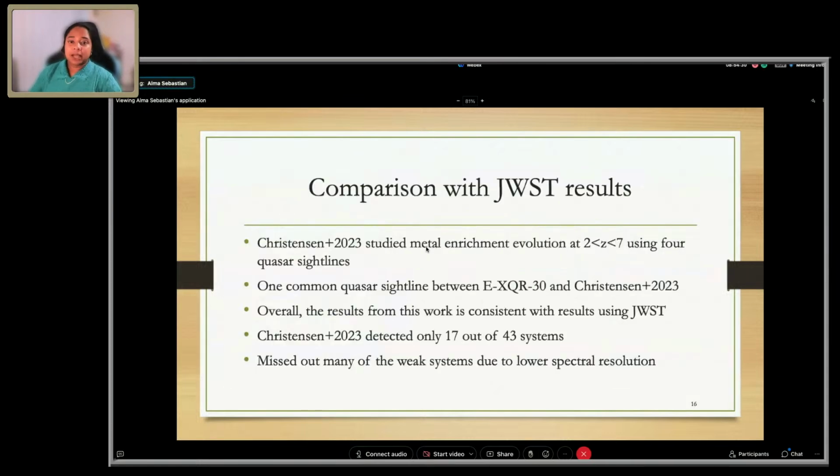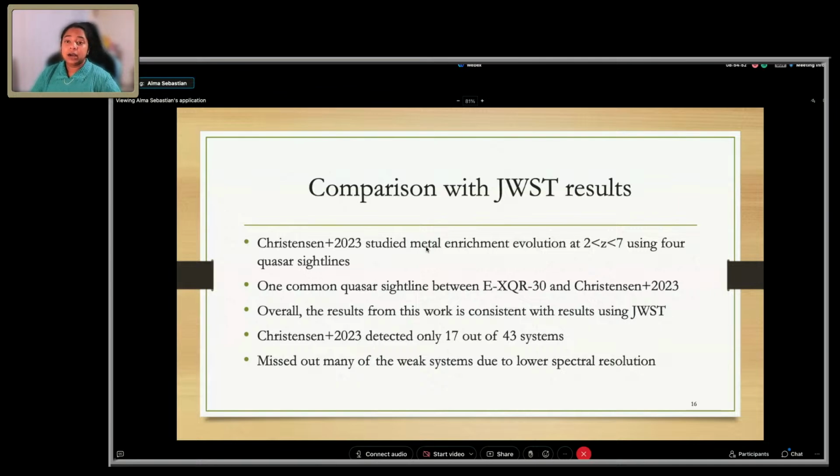We also did a comparative study of our results with the recent work using data from JWST done by Christensen et al. 2023. They studied the chemical enrichment between redshift 2 and 6 using 4 quasar sightlines, and there was one quasar sightline which was common to both of our works.